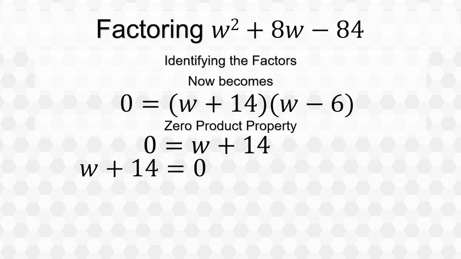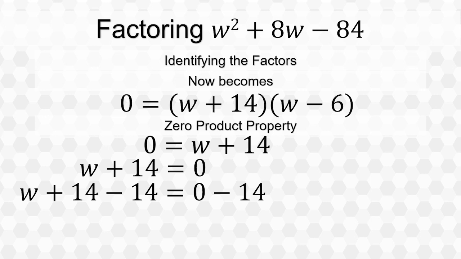Hence, we will add negative 14 to both sides of the equation, making it w plus 14 minus 14 equals 0 minus 14. Simplifying this, we'll have w equals negative 14.